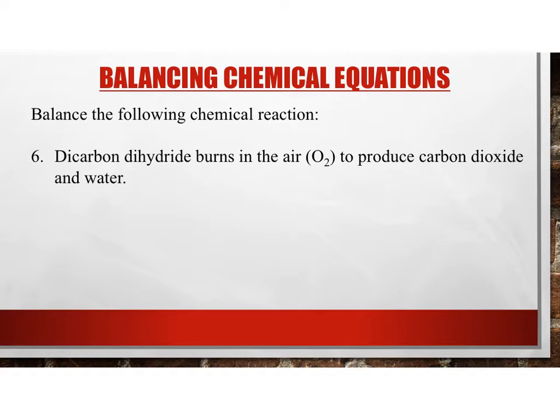This is the last example I'll provide for you in this lecture video. We've got dicarbon dihydride. It burns in the air. Since we know it's in the air, we know that that's going to be a gas, oxygen, to produce carbon dioxide and water. Okay?